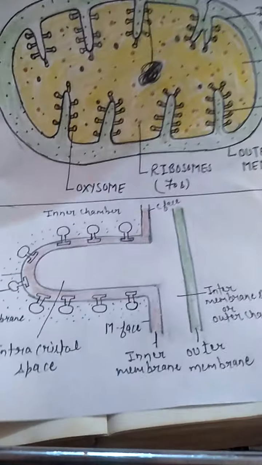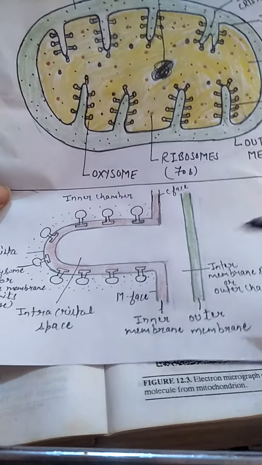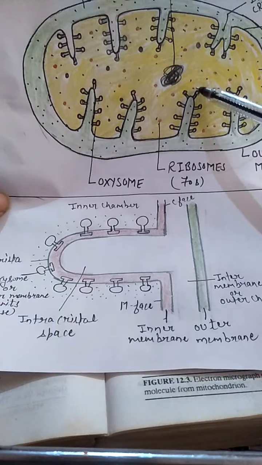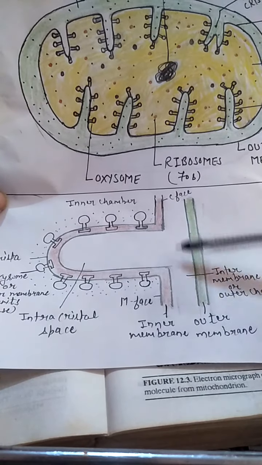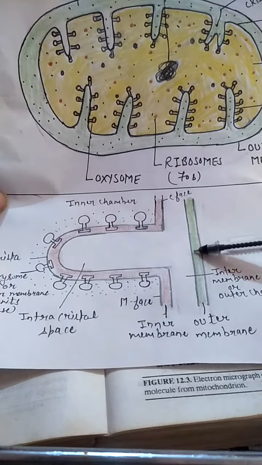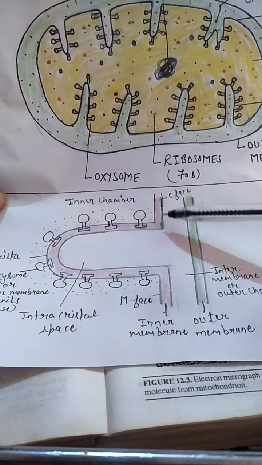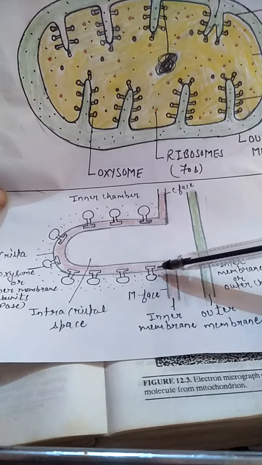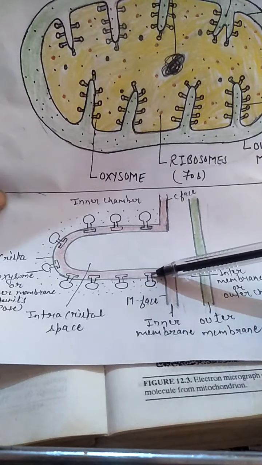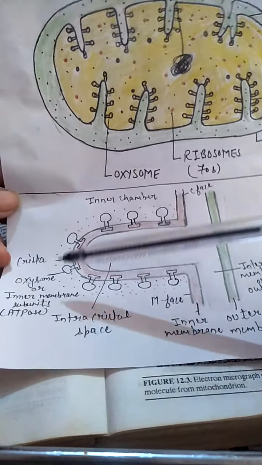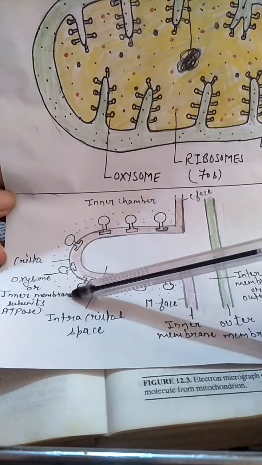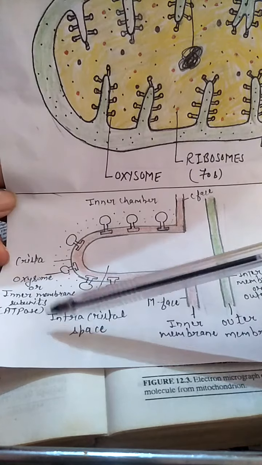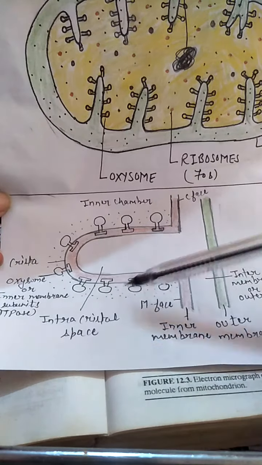I will explain this from here. You can see here the diagram of one crista. This is the outer membrane, and this is the inner membrane, which is infolded to form the crista. You can see these structures known as oxysomes, or inner membrane subunits, or ATP synthase enzyme.